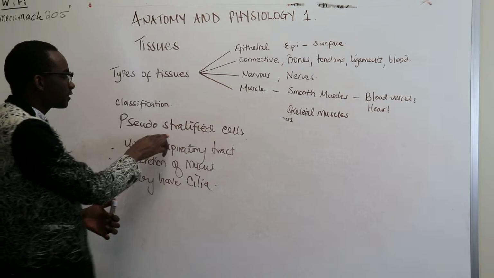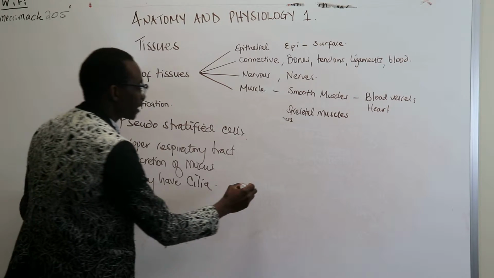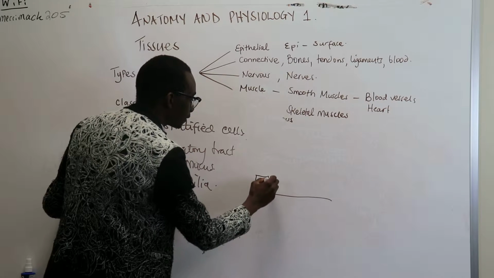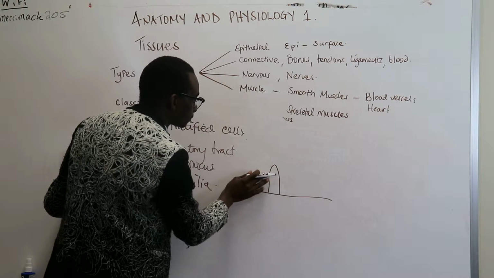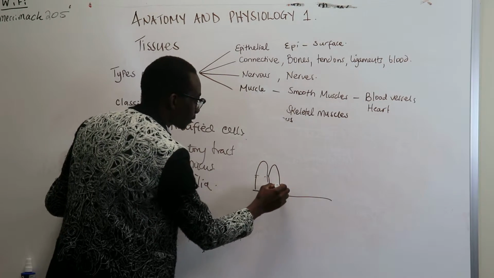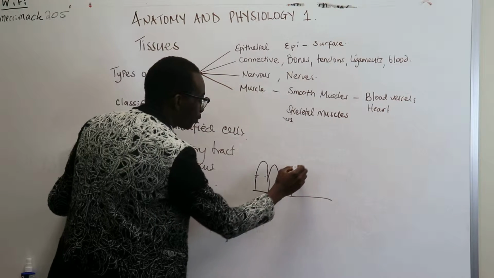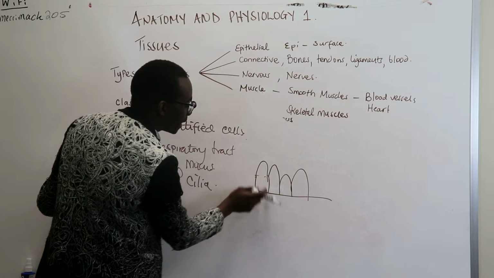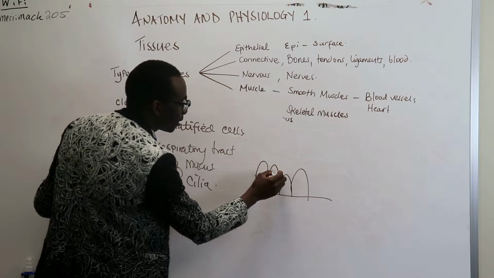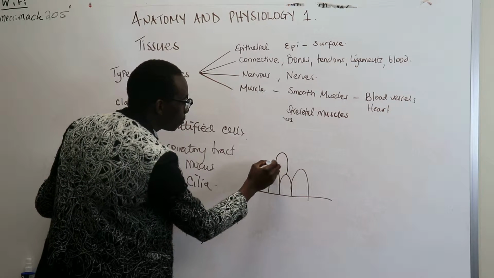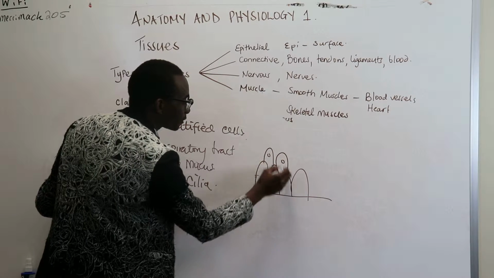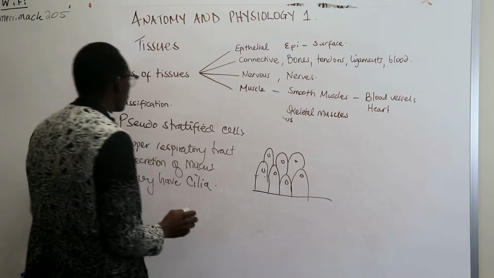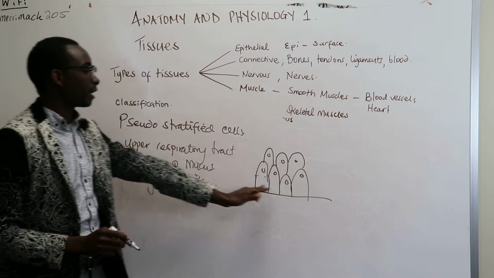So now these cells appear stratified, meaning that if this is our baseline, we shall have some cells that will grow, and others will not reach the base, but will continue on top of others, hence making them look like they are stratified, but yet they are not.